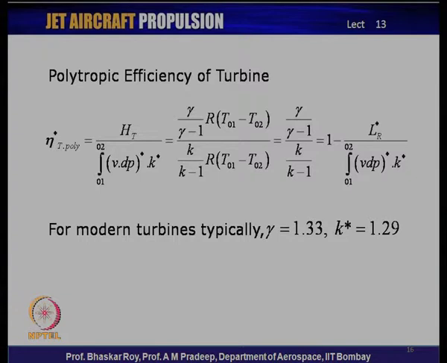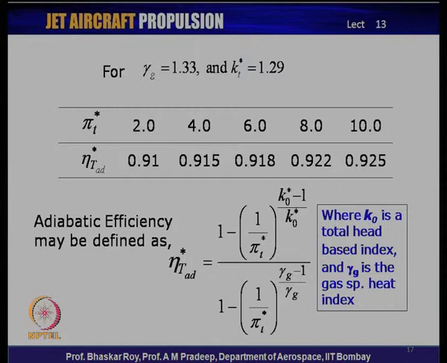And in this case, the value of K design, K star, is given as 1.29, typically in most of the modern turbines, which actually work at reasonably high temperatures. So, we have gone through a number of issues, and at the end we can see that if you increase the turbine pressure ratio, there is an efficiency advantage that keeps on happening.